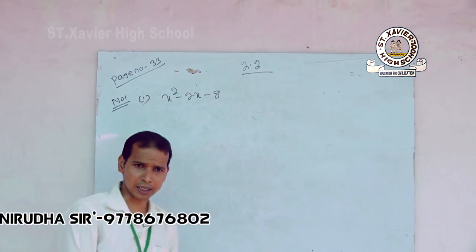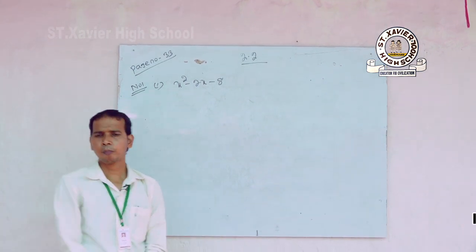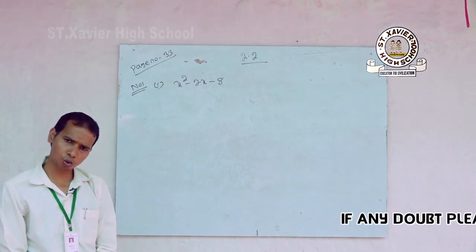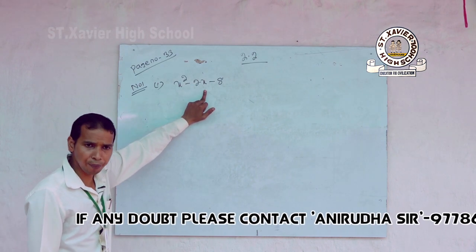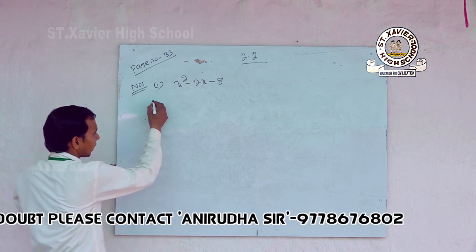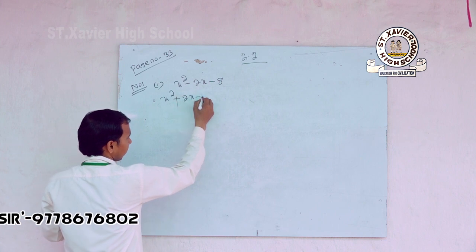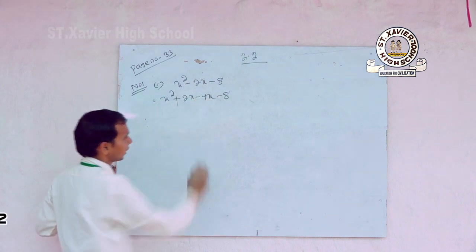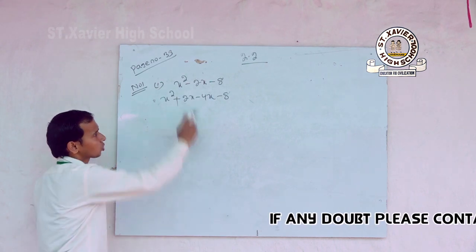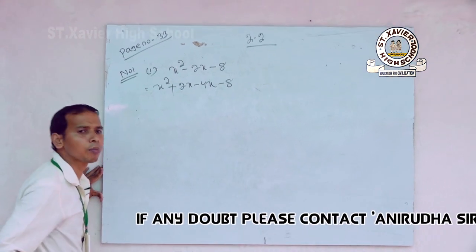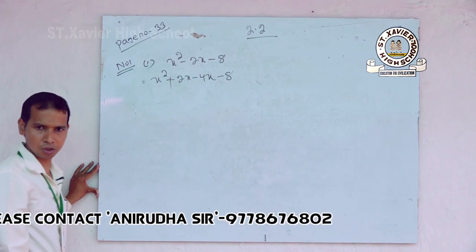If we just think, 4 twos are 8, 4 into 2 is 8, 4 minus 2 is 2. So as the difference here is minus 2x, we can write x square plus 2x minus 4x minus 8. Here 4 twos are 8, 4 minus 2 is 2. As it is 2 minus 4, we write subtract 2 minus 4, not 4 minus 2. If here plus 2, then you subtract 4x minus 2x.